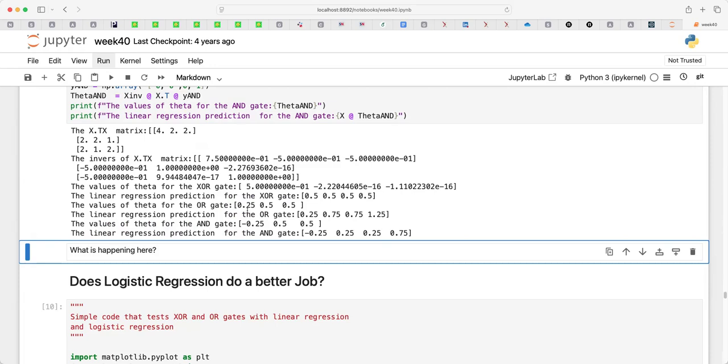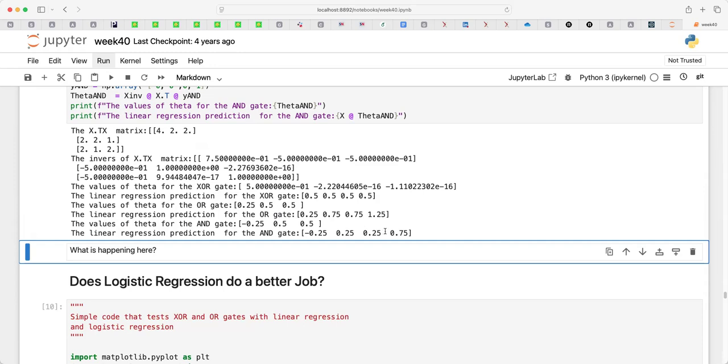If I take the OR gate, where we could separate the planes, if you look at this line, I could say that for a value below 0.5, I put it to 0, and above 0.5, I put it to 1. Then, if I take the AND gate, which is also a case of a separable gate, I can also use linear regression. If it's below 0.5, I predict 0.